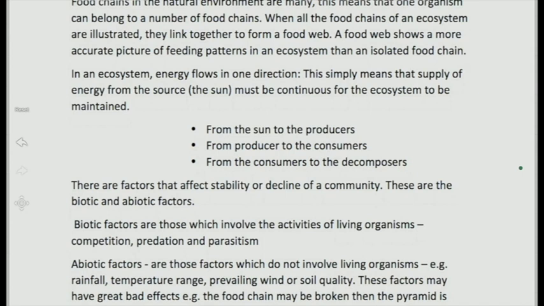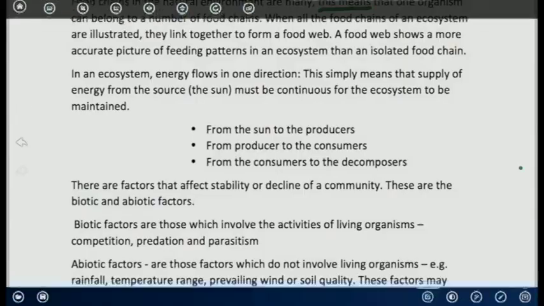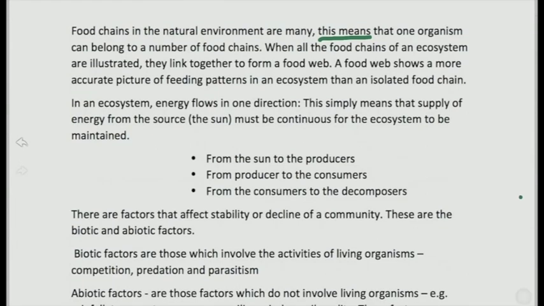But we know that in an environment, there are more organisms in that particular area, and the way they feed is more complex. So, this simply means that one organism can belong to a number of food chains.